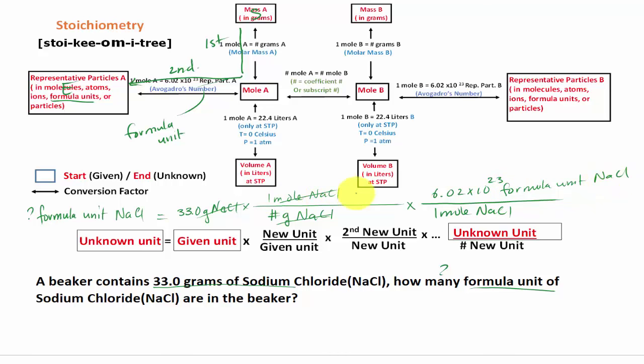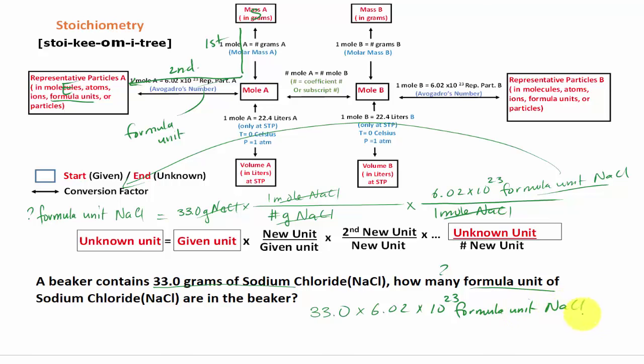And look at how mole cancels out, giving us the unit of our unknown, which is over here. See how beautiful that is? So how will we type this in the computer? Of course, we multiply everything on top and ignore everything with a 1. So we have 33.0 times 6.02 times 10 to the 23rd formula unit.